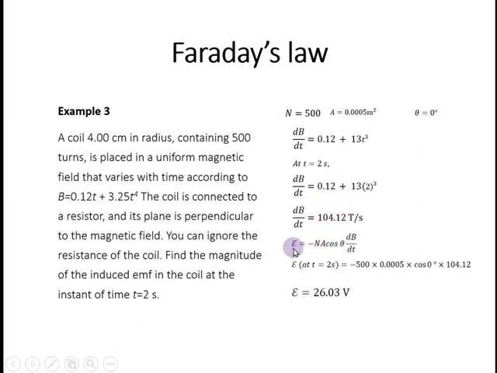So invoking Faraday's law, the n is constant, area is constant, and the angle is also constant. We bring them out, then we multiply by the rate of change of magnetic field. So if we substitute everything, 500 for n, area is this, cos theta is cos 0, then we have our changing magnetic field. If we multiply everything together, then we are going to get 26.03 volts.